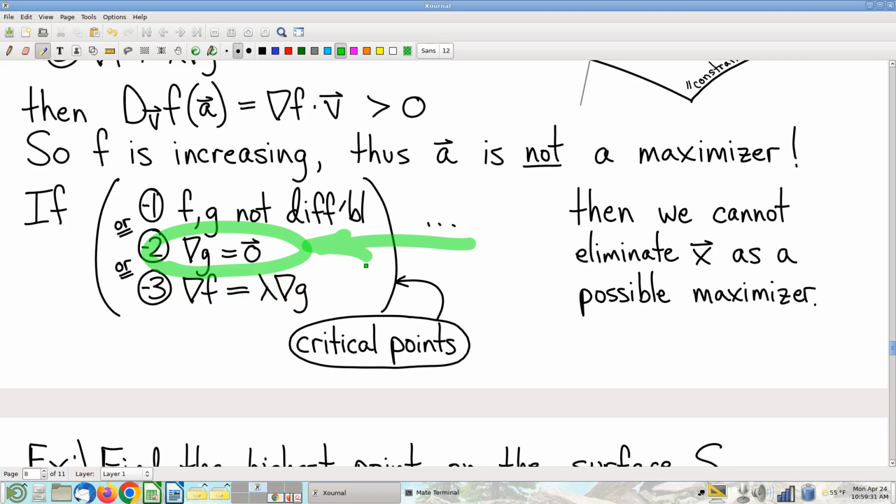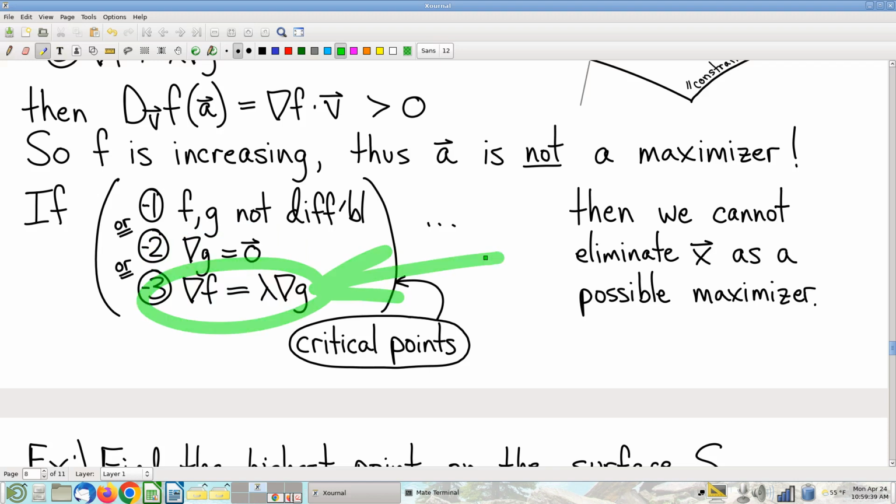If you hear me say the degeneracy condition, this is what I'm talking about. Okay. And also from a terminological point of view, this one here is typically called the Lagrange condition because this method as a whole is called the method of Lagrange multipliers, and this is the multiplier, they call it. So we call this the Lagrange condition.